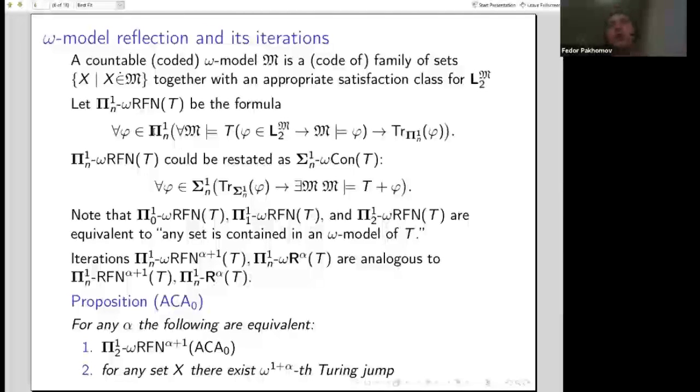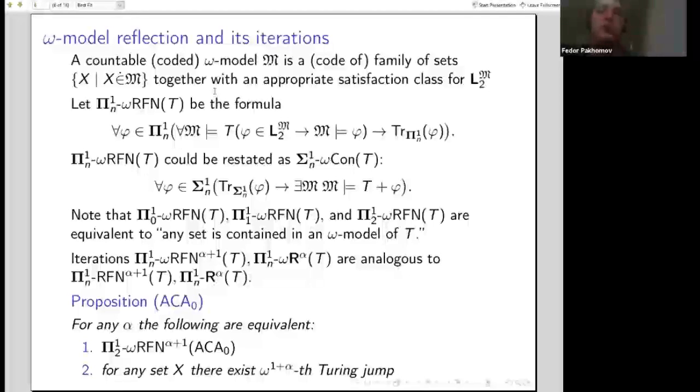Or more precisely, because our bold-faced Π1n sentence contains some set parameters, it only makes sense to consider whether they're true or not in omega models that do contain all the parameters of the formula.